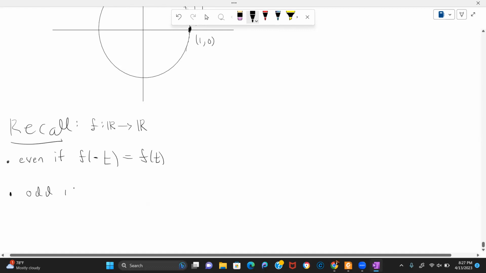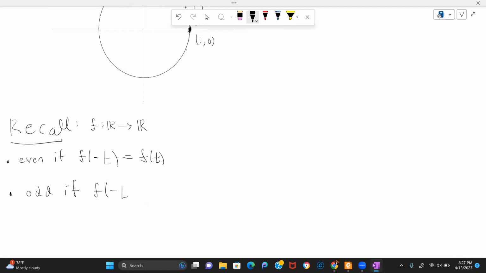And it's odd if f of negative t is equal to negative f of t. This is for t a real number. So what we want to do is determine whether or not any of the trig functions have these properties.